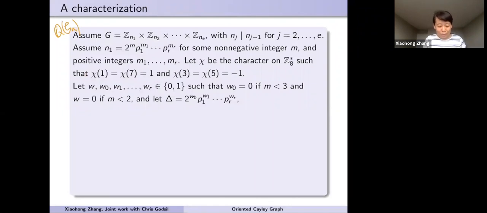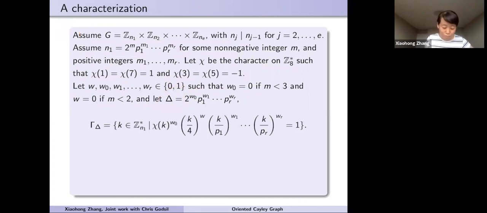It maps 7 to 1 and 3, 5 to -1. For each such delta, we introduce a group gamma delta. It consists of all the elements that are coprime to N1 but make this value 1.